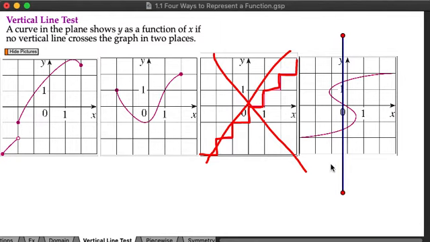Okay, all of these x values have 3 y values corresponding to them. So here is one y value, 2 y values, 3 y values corresponding to that particular x value. And so this shows that this graph does not represent y as a function of x. So this would be a big nope.